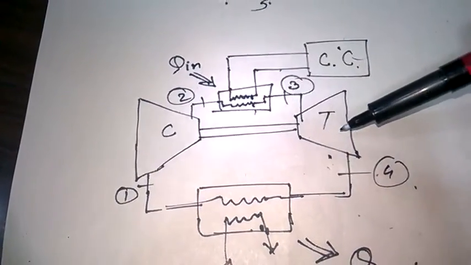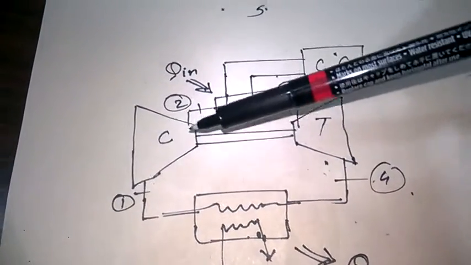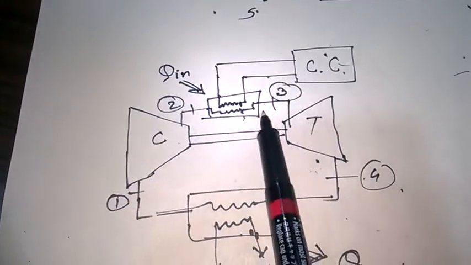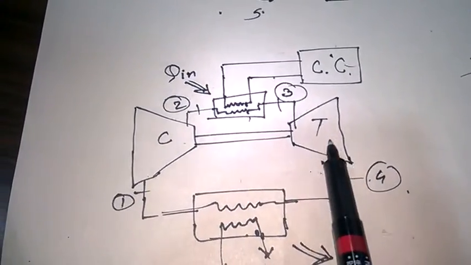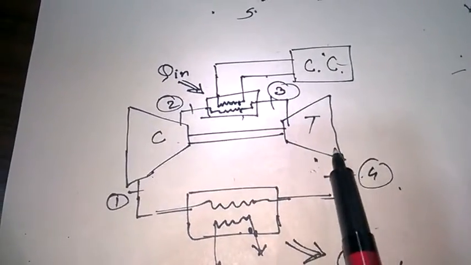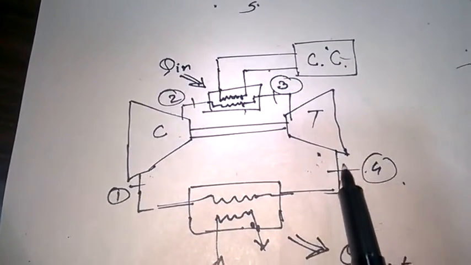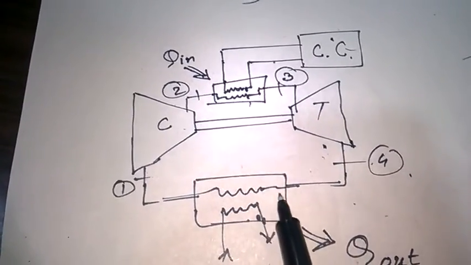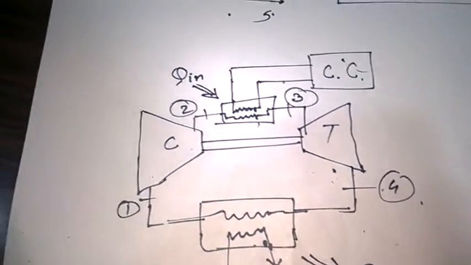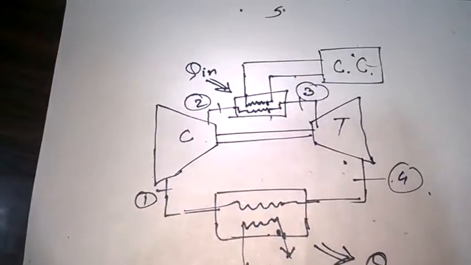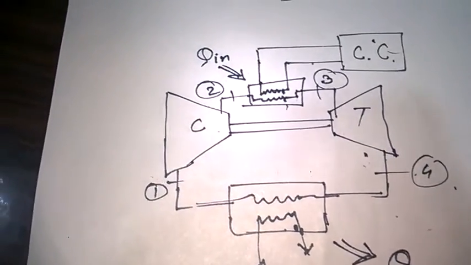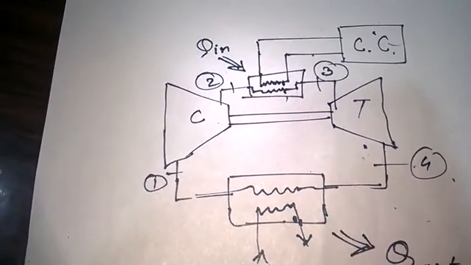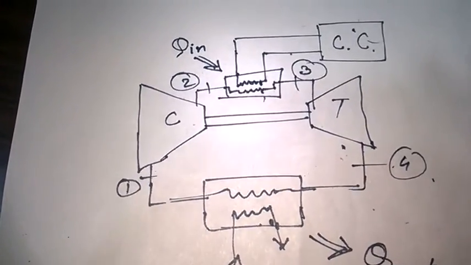It takes the heat, and the same compressor compresses everything, then it goes to the heat exchanger, takes the heat, expansion, power production, and then the rest of the exhaust gases come here, containing some very low grade energy. It rejects that heat and once again goes to the compressor.